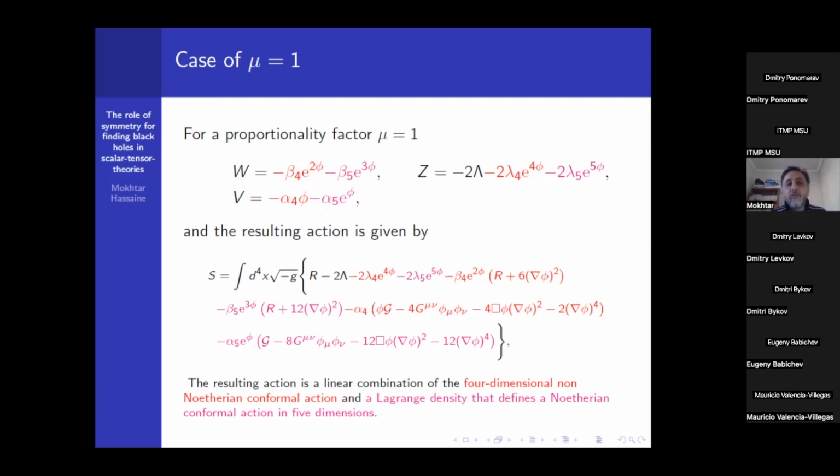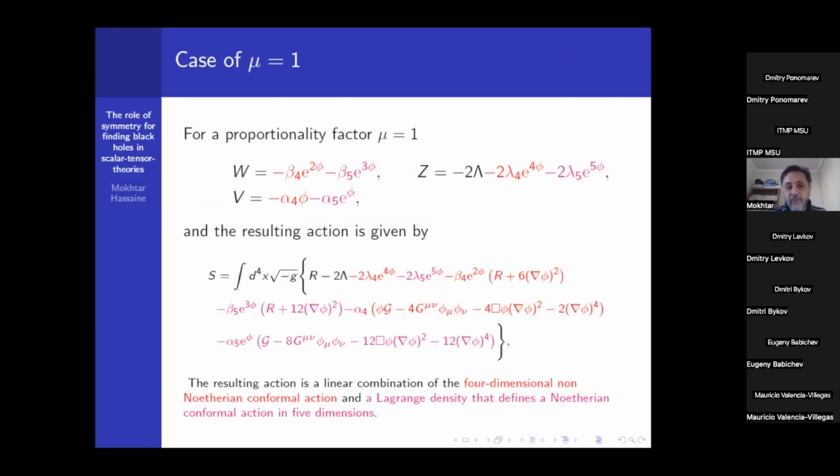So even if we do not require any conformal invariance, the resulting action is a linear combination of something that yields a conformal equation in 4 dimensions plus something that defines a density that is conformally invariant in 5 dimensions. So it's very amazing that this occurs.